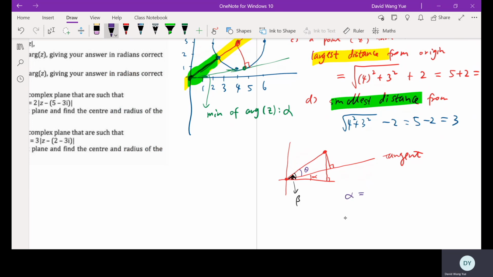Okay, so alpha is equal to beta minus theta.